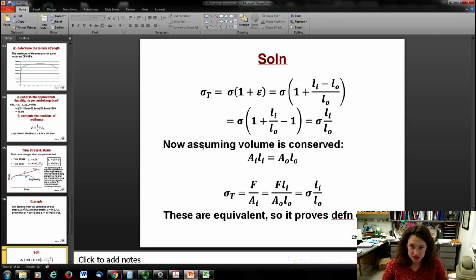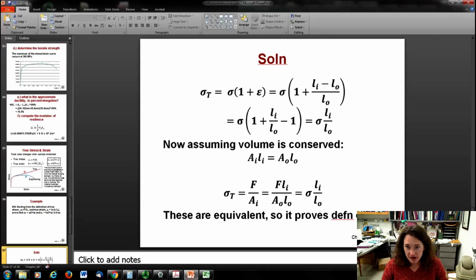Now, here's the assumption. I'm going to assume that volume is conserved. So I'm going to assume that the area at time t equals ti times the length at time t equals ti is equal to the area at time t equals 0 times the length at time t equals 0. And then I'm going to plug that into my equation for sigma true, which is the force divided by the true area, Ai.